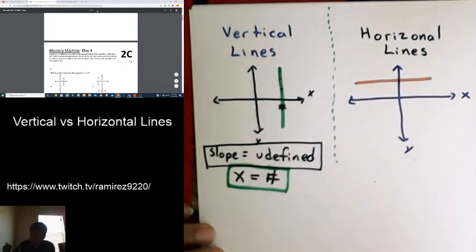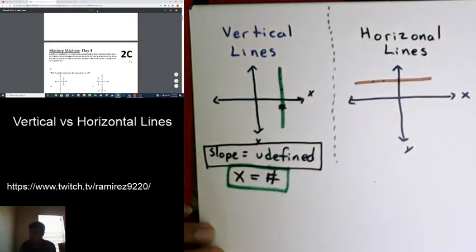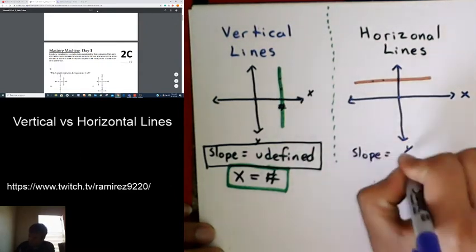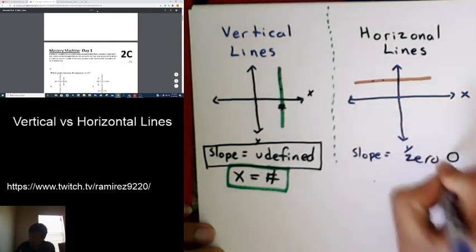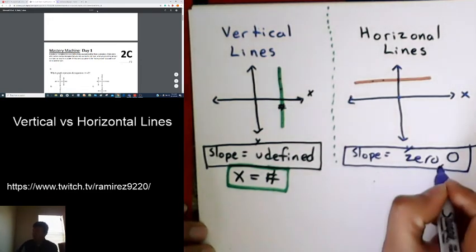And again, this time, if you were to pick two random points, there is no rise, but there is a run. So it's 0 divided by a number, and that will always be 0. So anytime you have a horizontal line, the slope will always be 0. Okay, that's what your slope will always be.